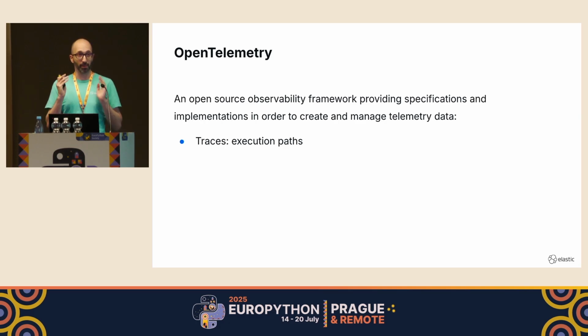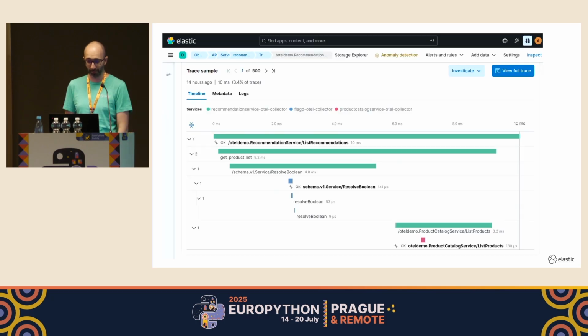It provides both a specification and implementations in different languages, Python included, in order to create and manage telemetry data. This telemetry data may be traces, for tracing the execution of software paths, so calls into and from your application. Think of database calls, HTTP calls, RPC calls, function calls, and so on.